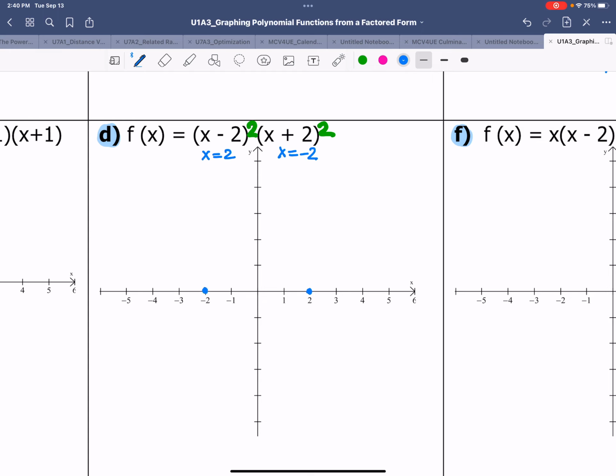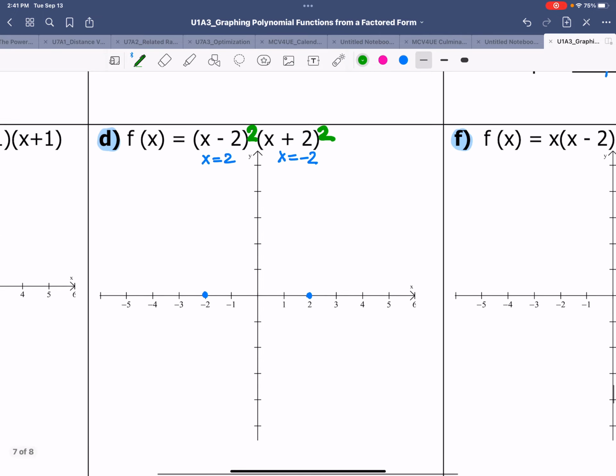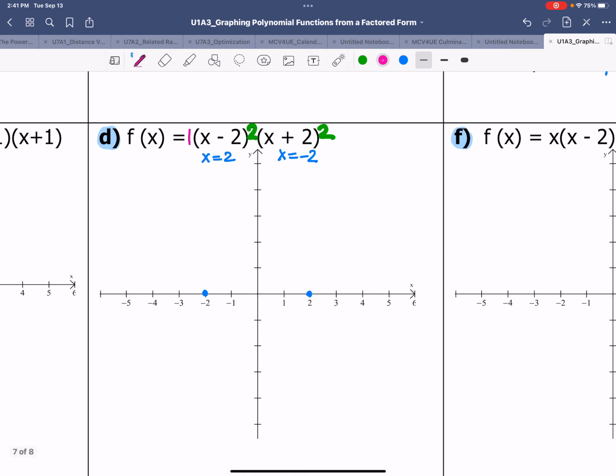Now, with a degree 4, which is an even degree, and a leading coefficient that is positive, so we have the coefficients 1, 1 squared, 1 squared, that's a positive leading coefficient.